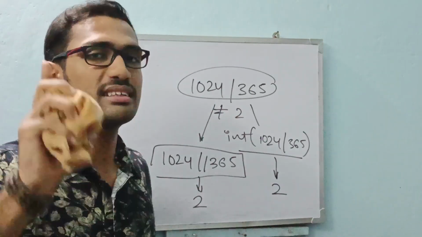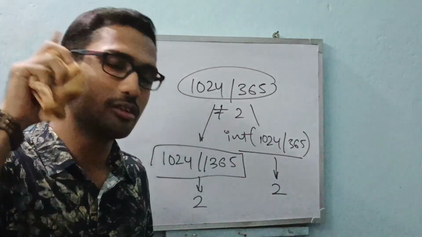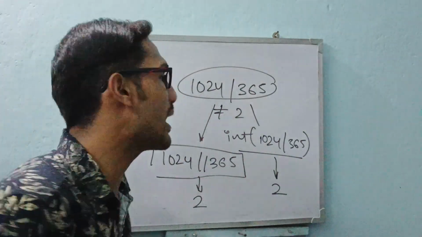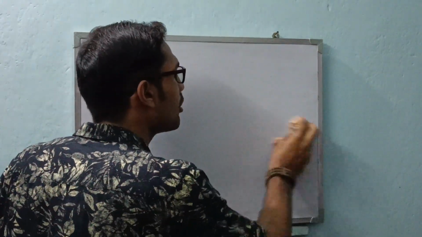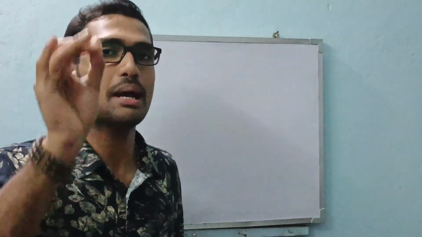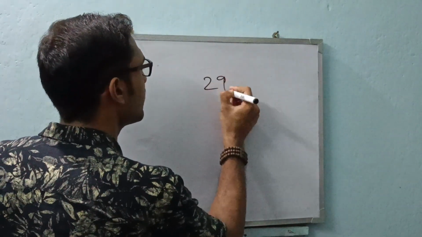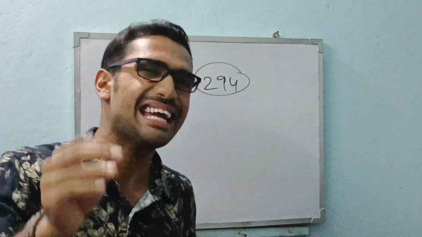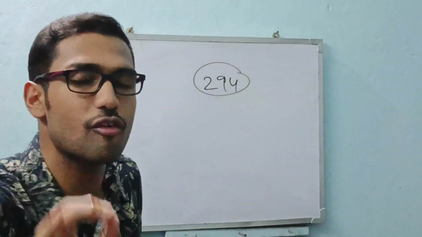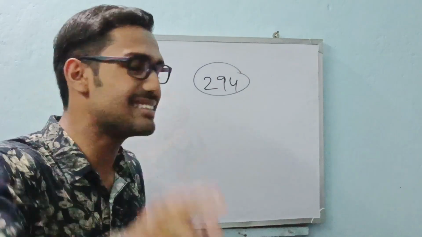So we have got our year from 1024. It's 2. And what's our remaining days? 294. So our next operation will be done from 294 days. From 294, what we're going to find is the month. So 294 was our remaining days. Now, how will I get this 294 from 1024? This is the question.